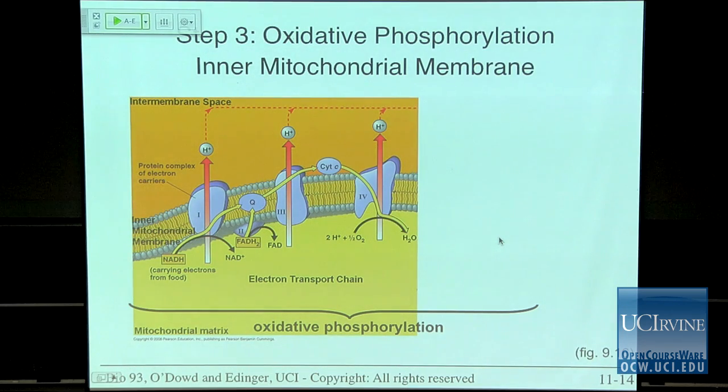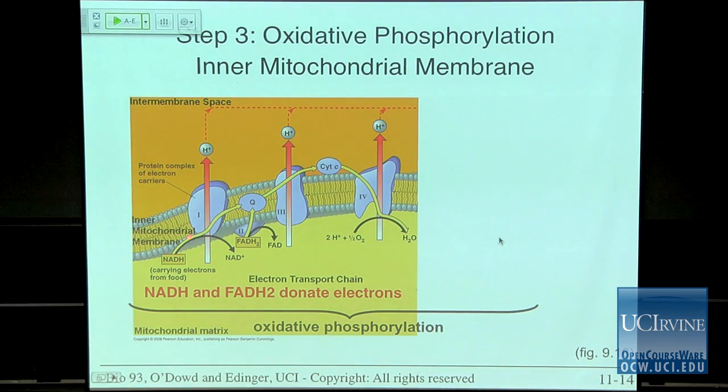So in this inner mitochondrial membrane, the highly convoluted one, you have the complex called the electron transport chain. It consists of proteins, shown by these big blue blobs, and lipids, one here, right there and right there. And what happens is we have NADH that comes in from both glycolysis and the citric acid cycle, and FADH2 that comes in from the citric acid cycle, and they donate their electrons.